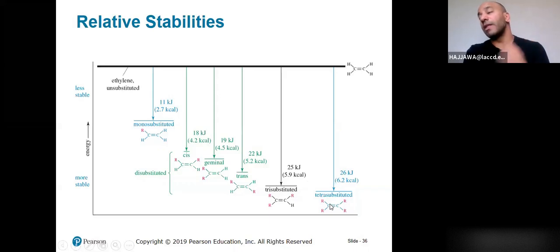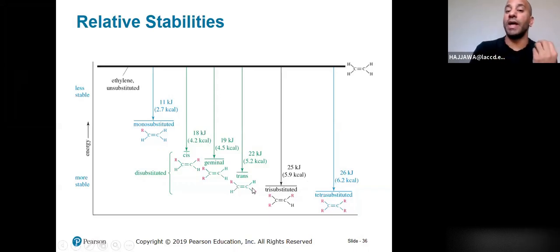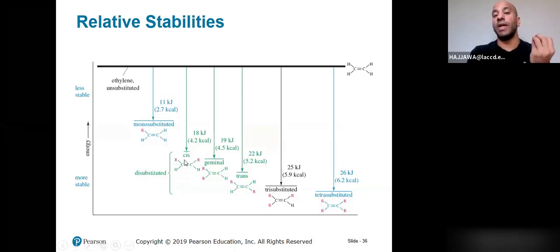It's less stable than a tetra-substituted, but more stable than a di-substituted. Di-substituted has 3 forms. It could be a cis, that's the least stable di-substituted form. Geminal, when you have the 2 groups on the same side of the alkene. And trans, when the 2 bigger groups are opposite to each other across that alkene unit. So the trans would be more stable than a geminal, more stable than a cis.